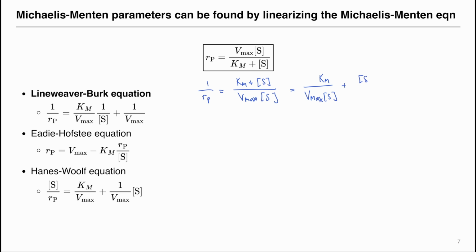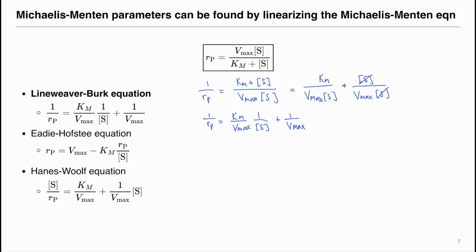We can separate the top, and here we notice that the S can cancel out on the second term. So we have 1 over Rp is equal to Km divided by Vmax multiplied by 1 over S plus 1 over Vmax. And this is called the Lineweaver-Burk equation.